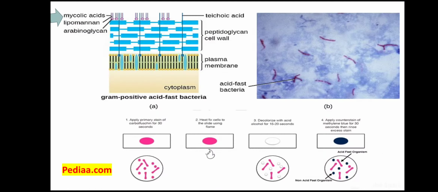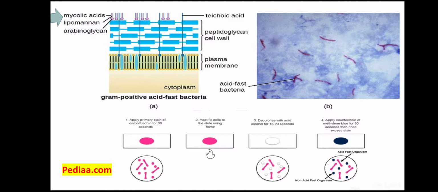So now coming to the cell wall of Mycobacterium tuberculosis, why it is so special. The cell wall is made of many compounds. One of the most important compounds is mycolic acid. Besides, there are many other things like teichoic acid, peptidoglycan, lipoarabinomannan in its cell wall, but mycolic acid is the most important constituent, which makes it acid fast.